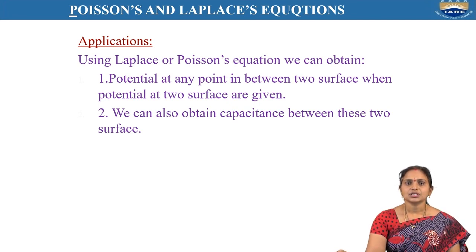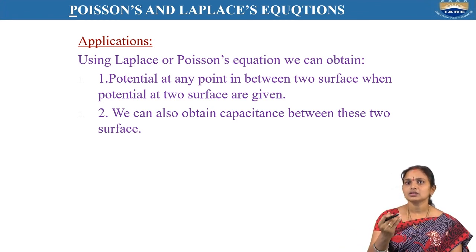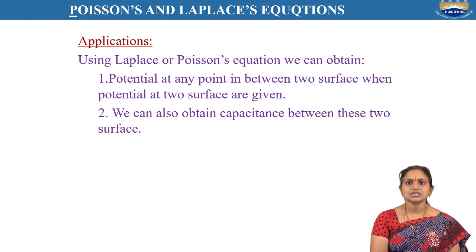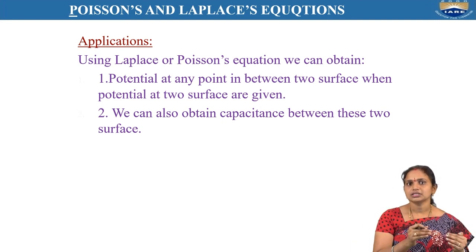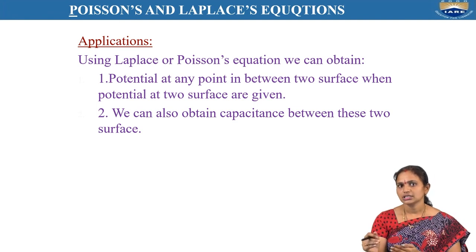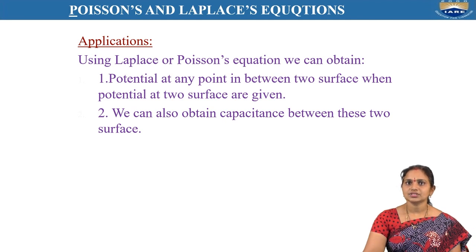As the equations relate potential and charge density, we can calculate potential easily, and we can also obtain the capacitance between two surfaces. We can conclude that Poisson's and Laplace's equations relate charge density in a volume with the potential, that is, rho v and V, and we can use them to calculate both potential and capacitance values.